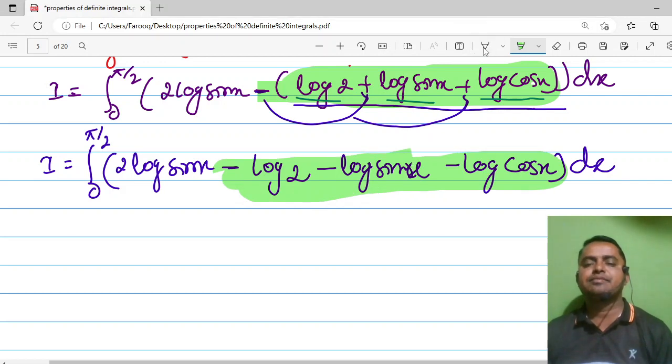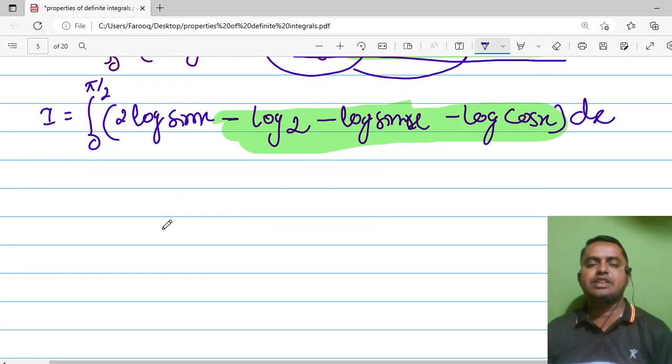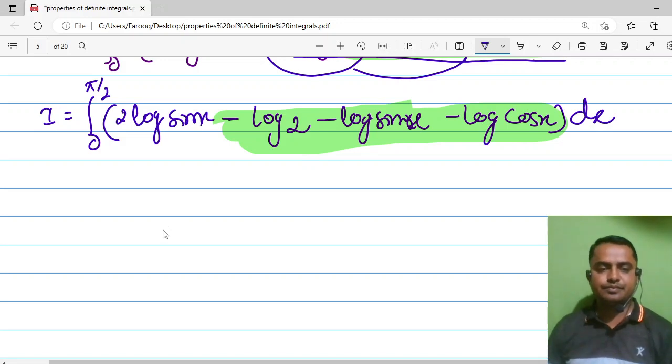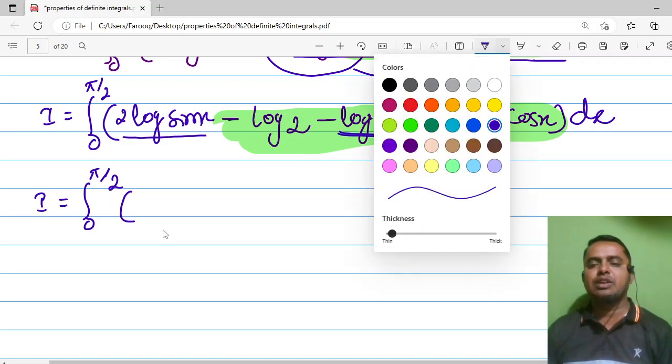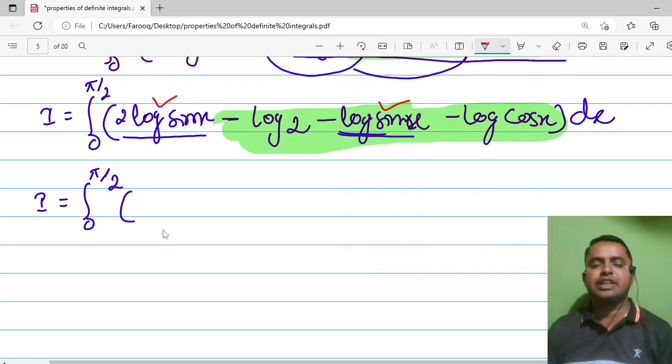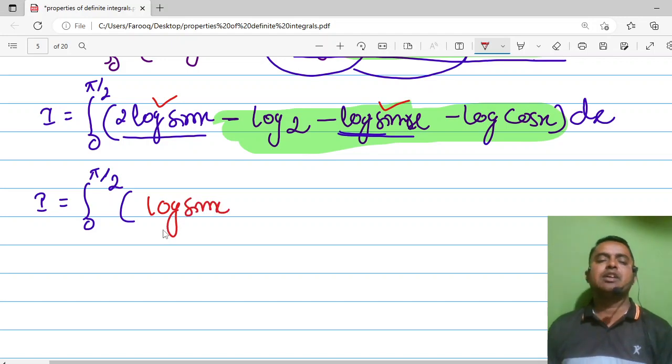Next step, that is I is equal to integration of 0 to pi by 2, here 2 log sin x minus log sin x. These two are like terms. 2 log sin x minus log sin x means log sin x: I have 2 log sin x, I am removing 1 log sin x, so log sin x will remain.